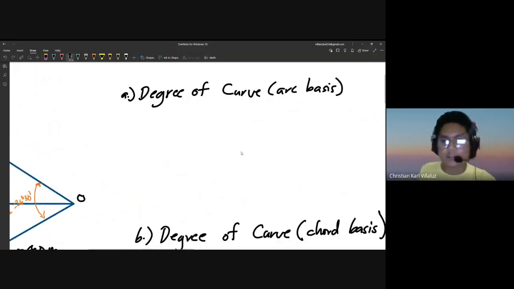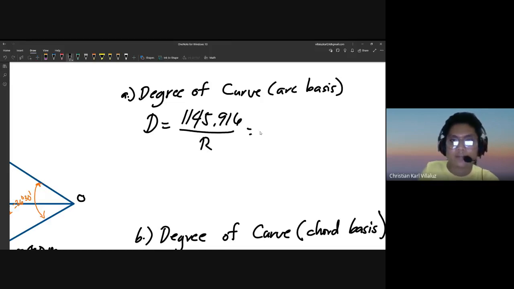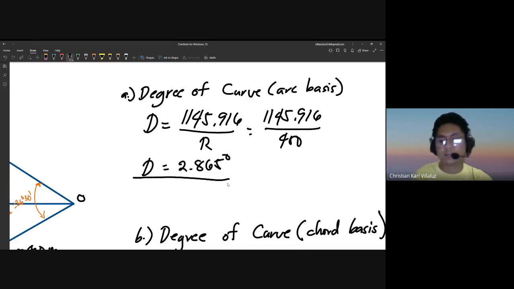For the degree of curve by arc basis, D equals, from the equation we derived, 1145.916 over R. So just substitute R, which is 400. So the degree of curve is 2.865 degrees. It can also be expressed in degrees, minutes, seconds.